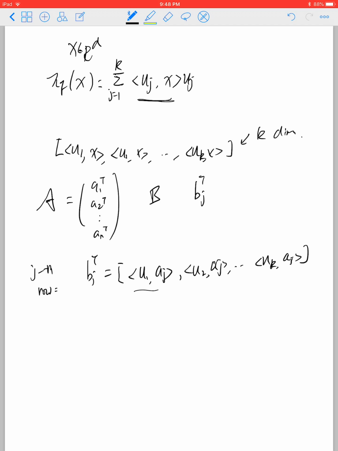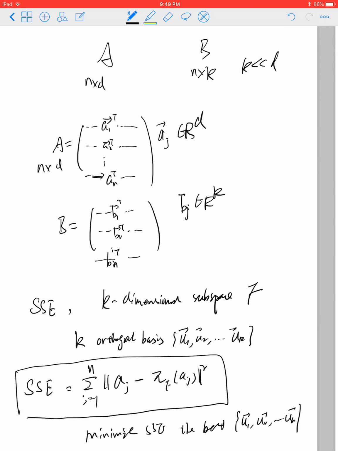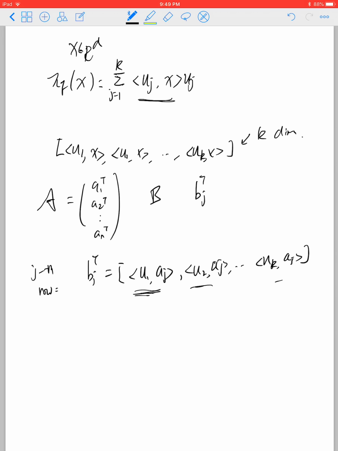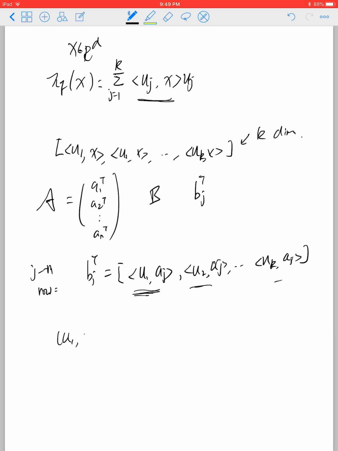Similarly, if we have A, where the first row is A1 transpose, the second is A2 transpose, until An transpose, and given our optimal U1, U2 to Uk, then what will each row of the low dimensional matrix B, say Bj, be?